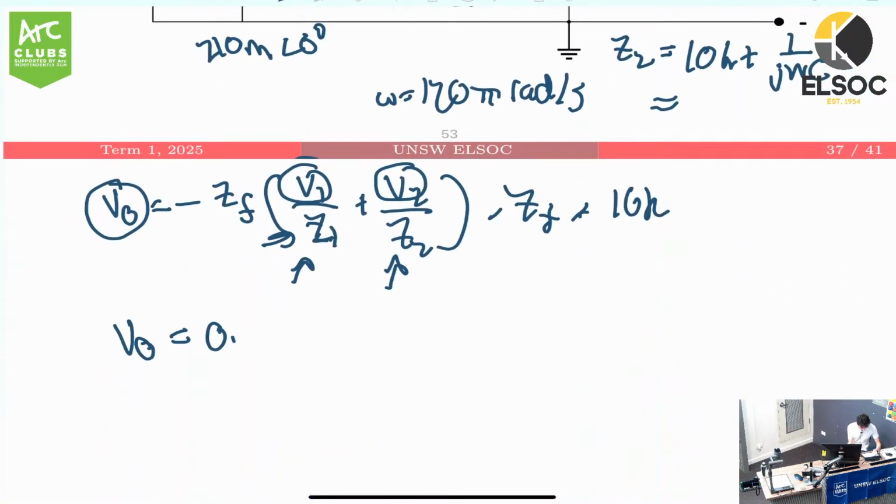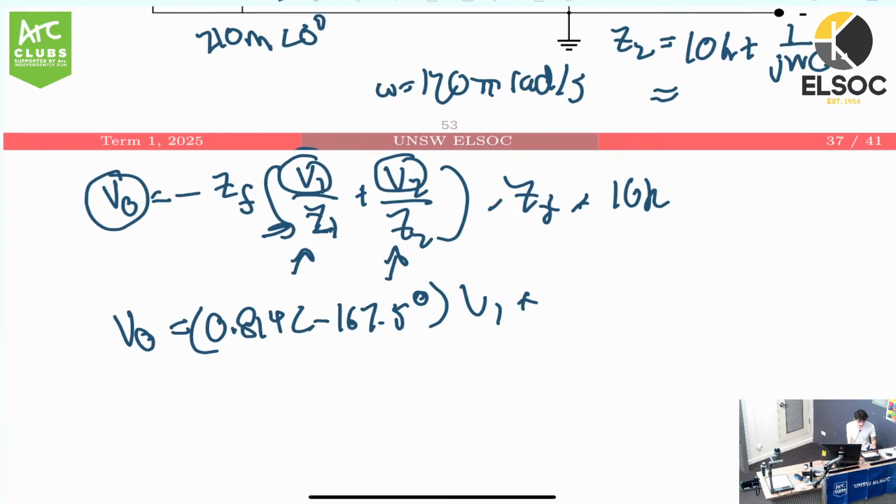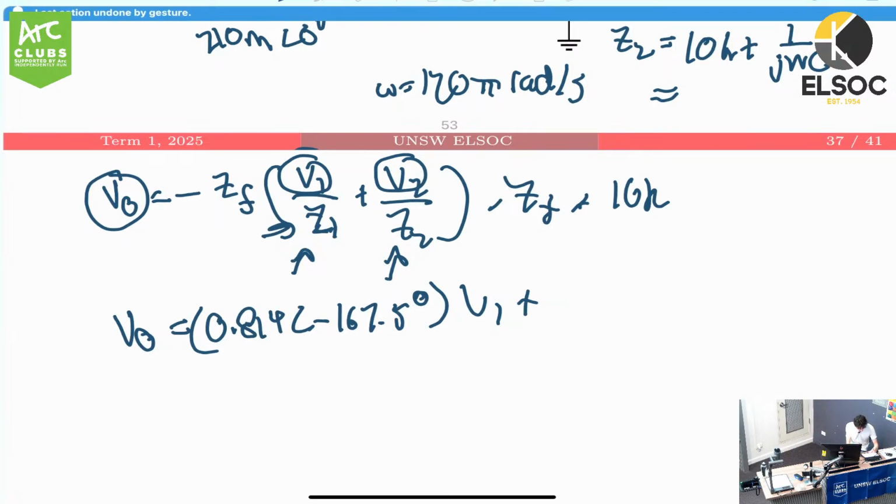And so we'll get 0.814 angle 1267.5 degrees. This is all multiplied by V1. Then the next one, actually, I'll just do plus that one because the phasor will control the negative sign.